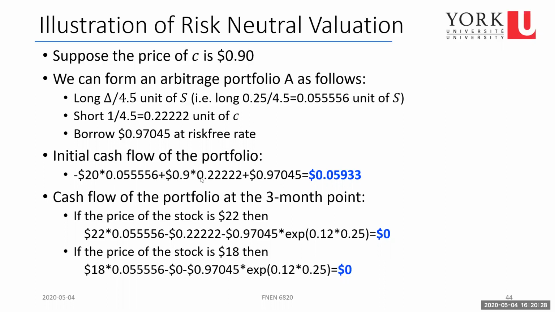You have shorted 0.22 units of C, and we know that in the market, each unit of C is traded at 90 cents. So you would have received 0.9 times 0.22, right? So the initial cash flow is something positive. You get 0.059. So you get about 6 cents in this particular portfolio.